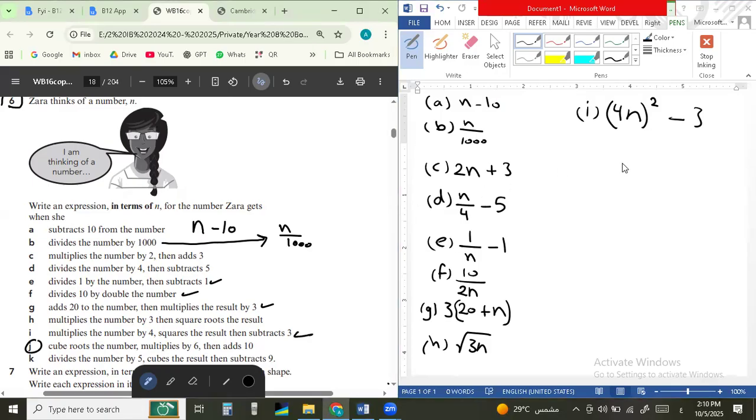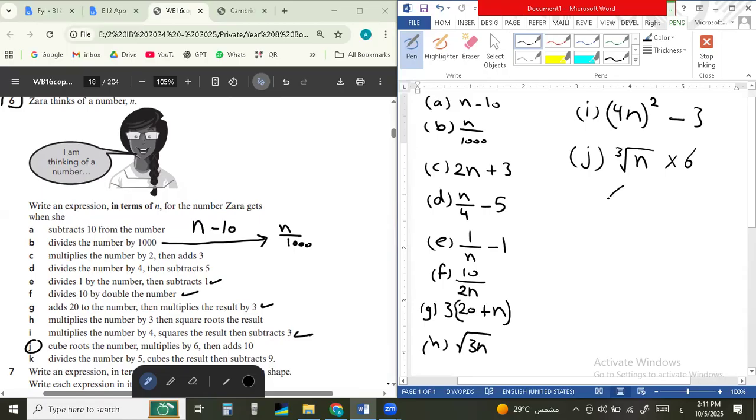J. Cube roots the number. So cube roots the number n. Multiplies by 6, so times 6. But am I supposed to write it in a different way? Yes, please. We write 6 cube root n. This means 6 multiplied by the cube root of n.